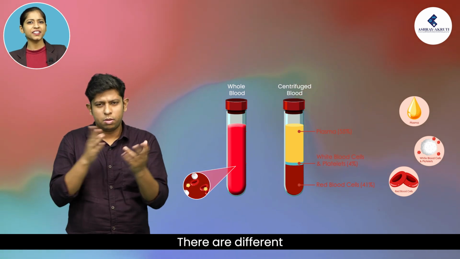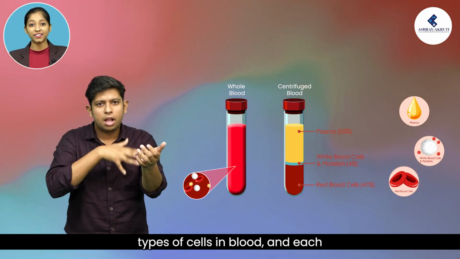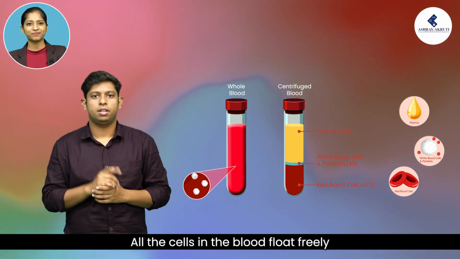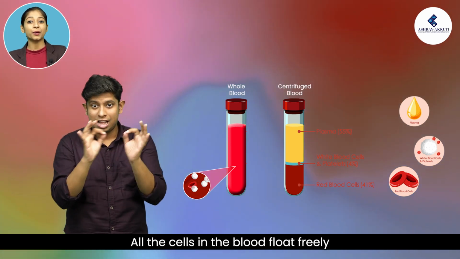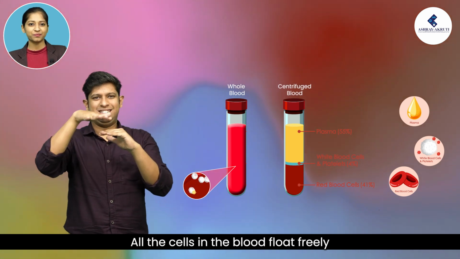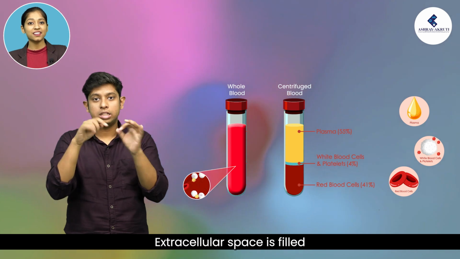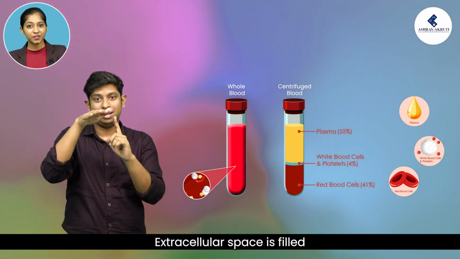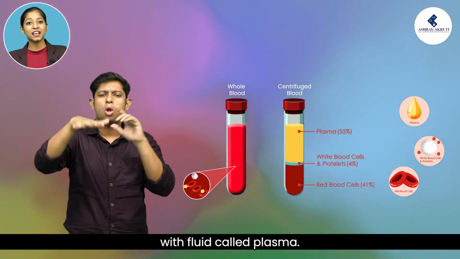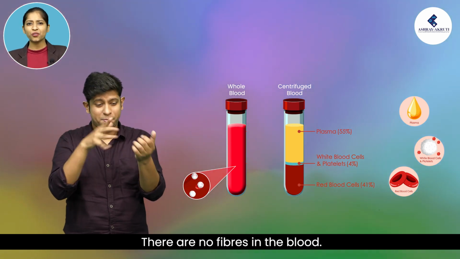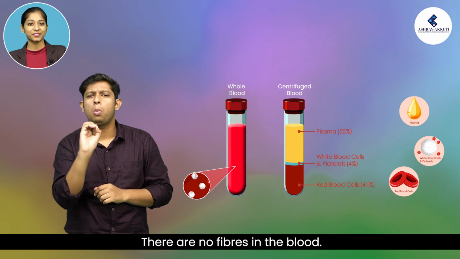There are different types of cells in blood and each one has a different function. All the cells in the blood float freely in the plasma. Extracellular space is filled with fluid called plasma. There are no fibers in the blood.